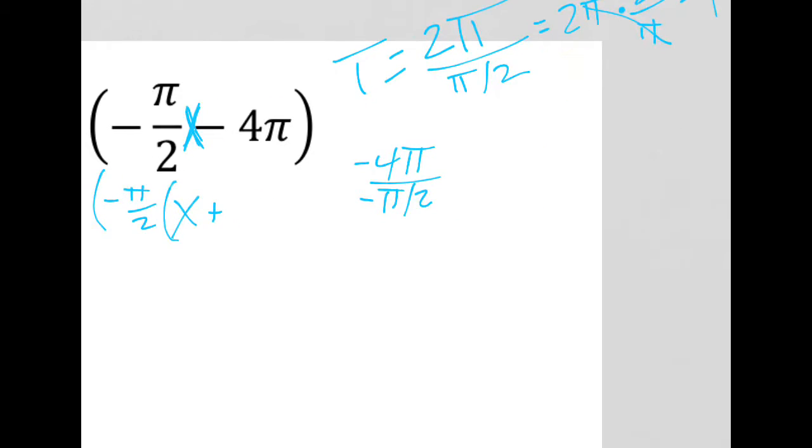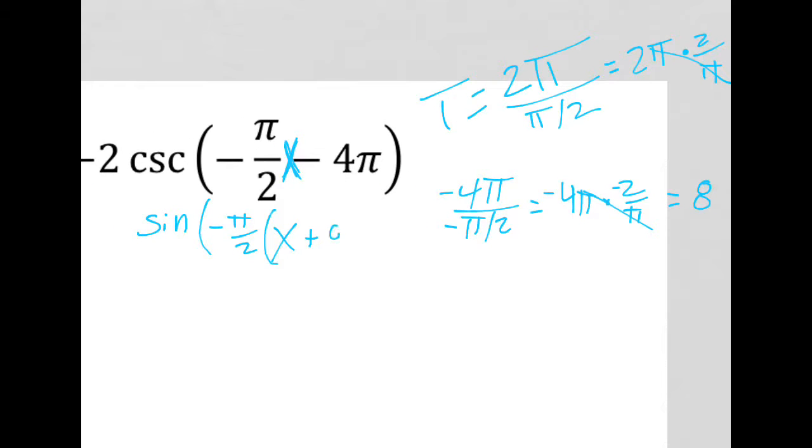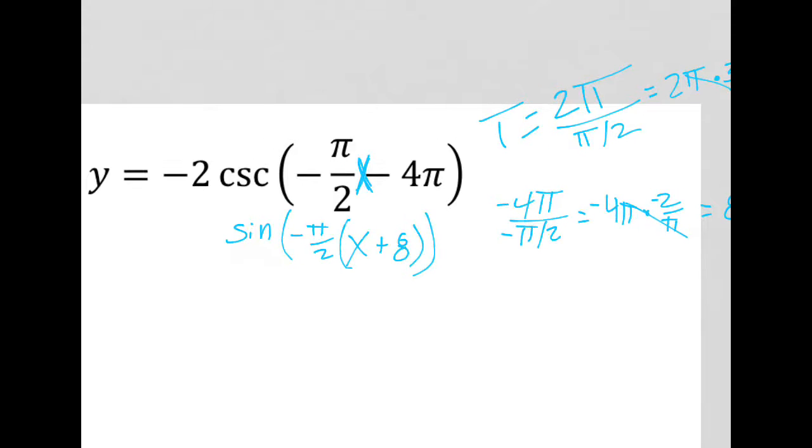Let's change this into multiplication. Make it negative 4 pi times the reciprocal there, so 2 over negative pi. Well, what do we get? The pi's cancel, and we're left with a positive 8. So x plus 8 on the inside there, and I still have my negative 2 out front.